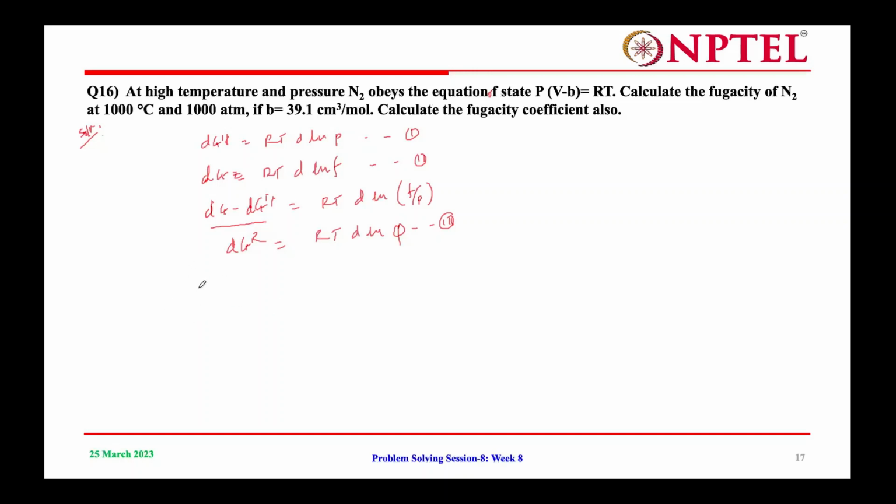Now from the fundamental property relation, dG equal to V dP minus S dT. So at constant temperature, the second term cancels. We can write this for the residuals, right?